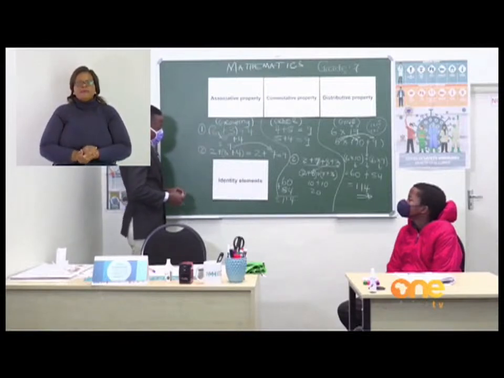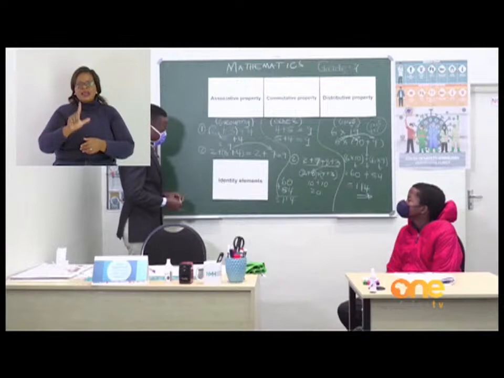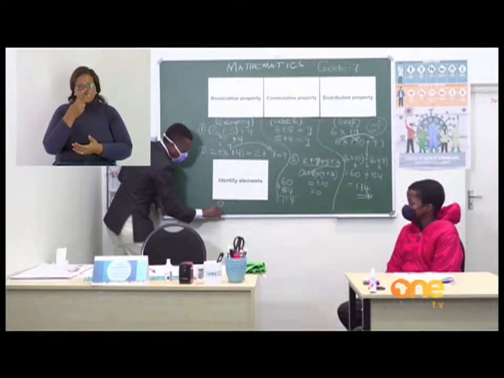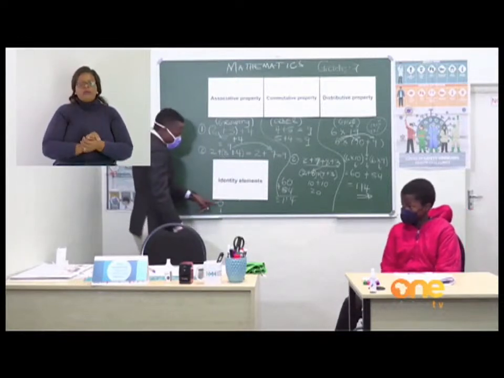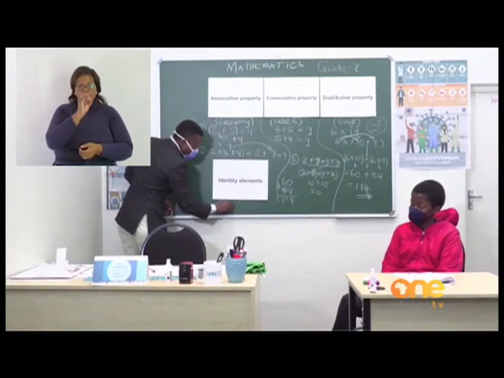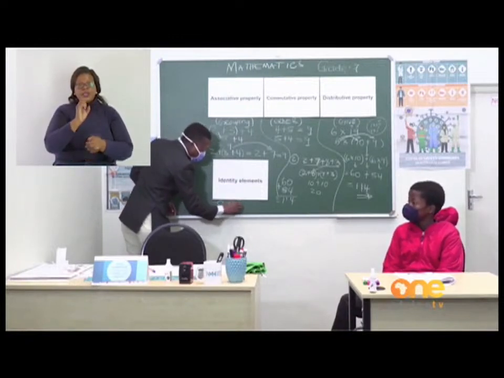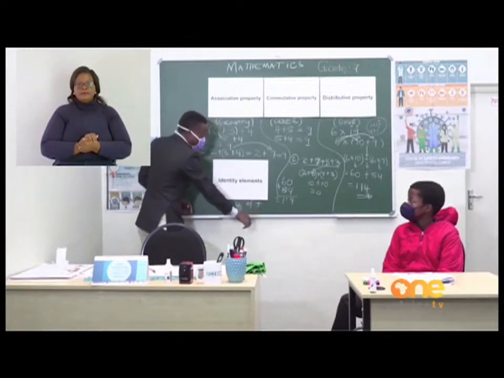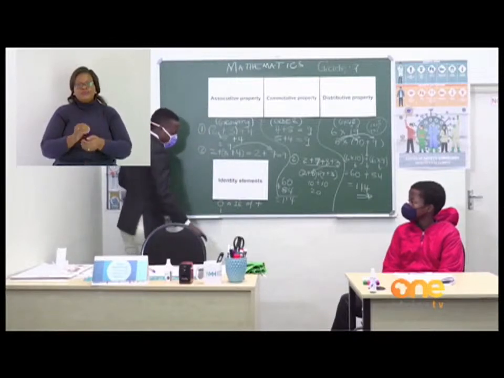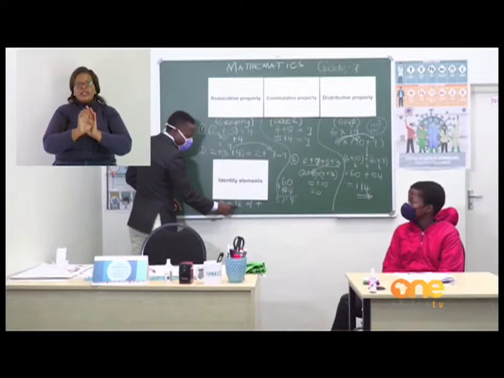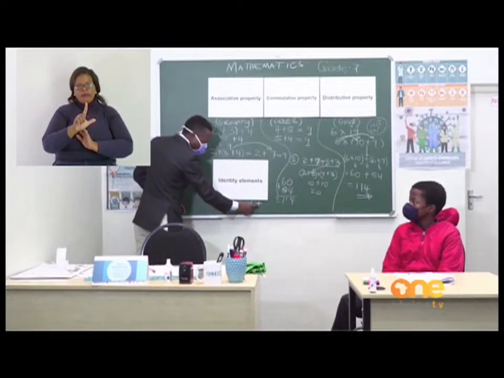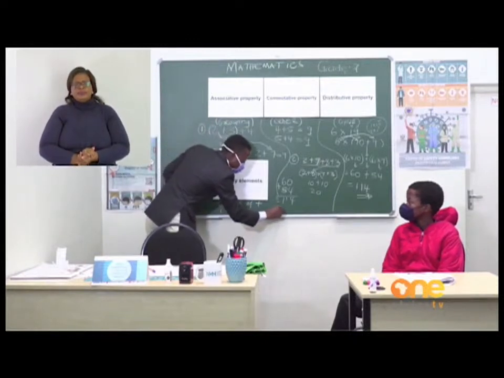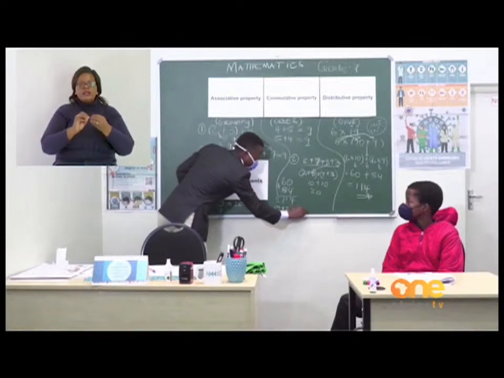The last part is identity elements, and this is very short. We are trying to say we have two numbers. We have 0 and we have 1. We said 0 is an identity element of addition. How? If you add 0 to a number, you will get that number.